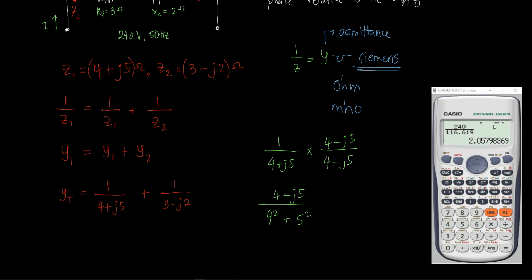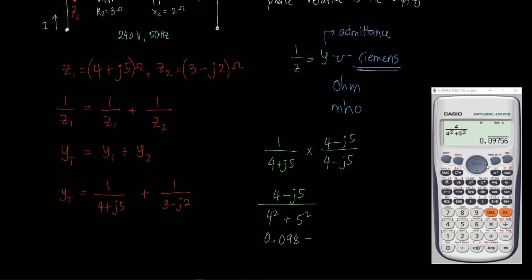So, we have, ang real part is 4 over 4 squared plus 5 squared, so we have 4 over 41 or 0.098. Tapos, minus kay negative man.